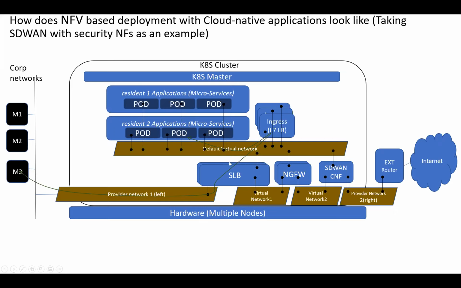Whatever traffic is going from one pod, from tenant 1's namespace, to a tenant 2 pod is going through the SLB. So we want a packet flow where traffic going from one pod to another pod is intercepted by another pod.